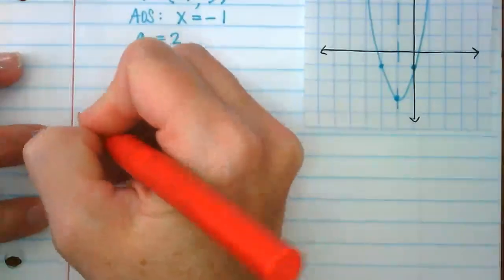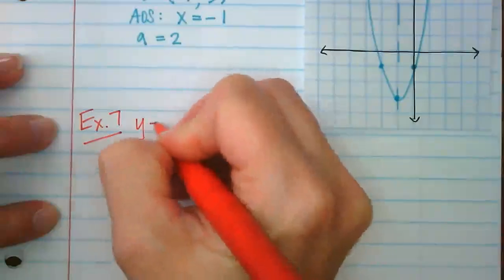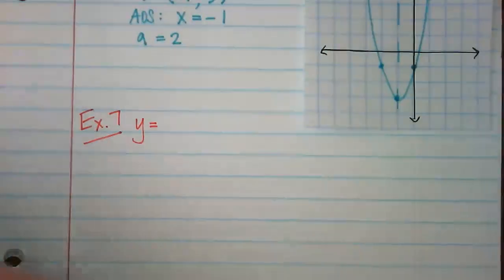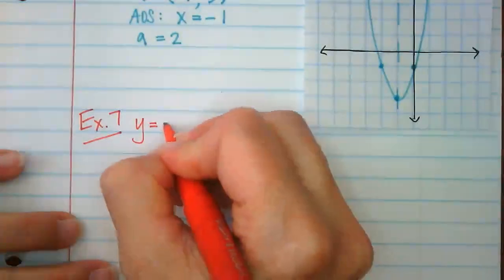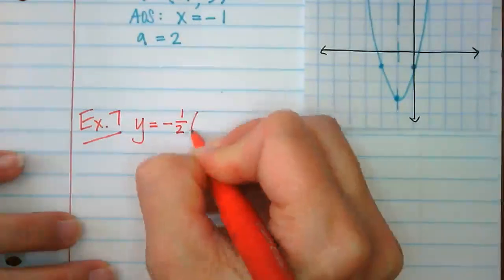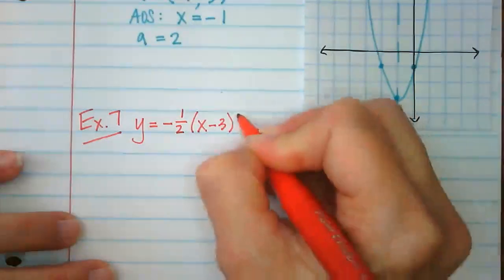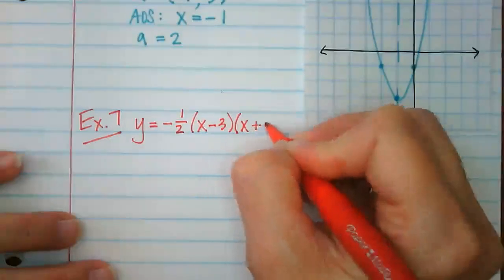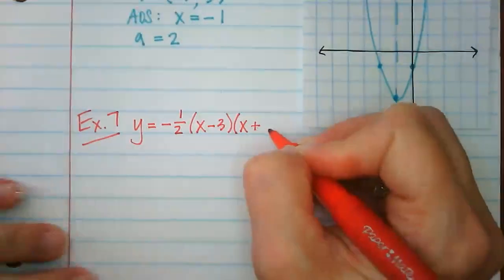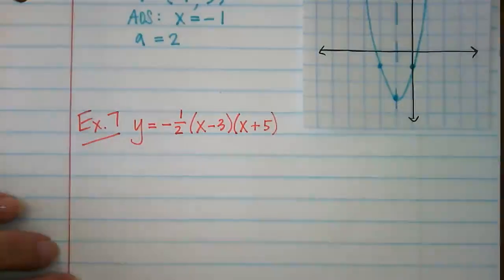For example 7, what if we did y = -1/2(x - 3)(x + 5)?